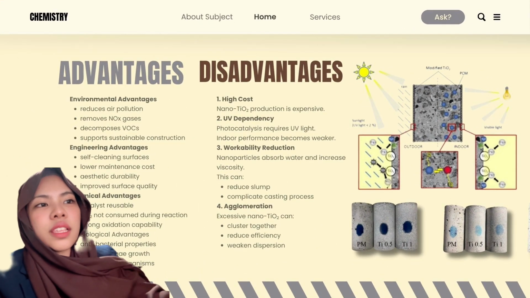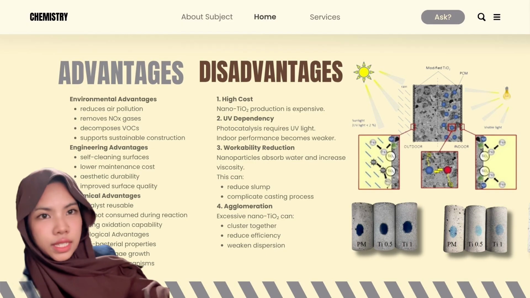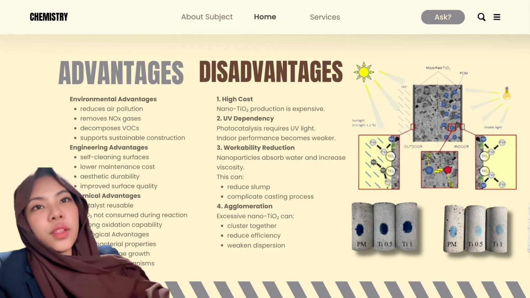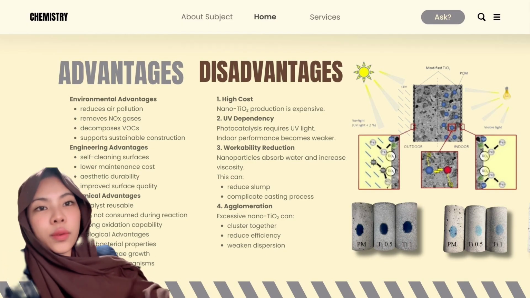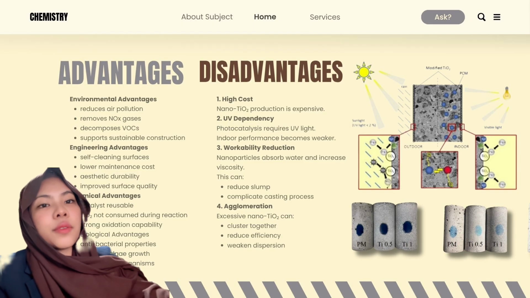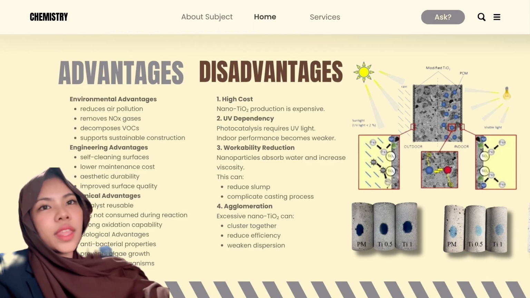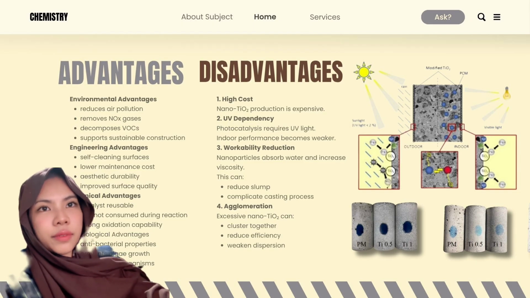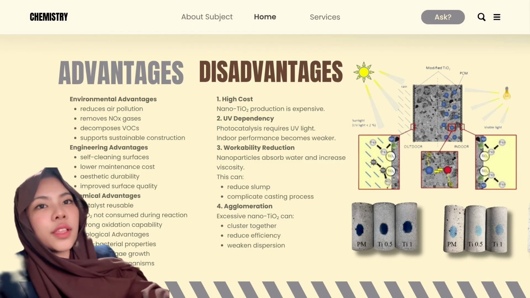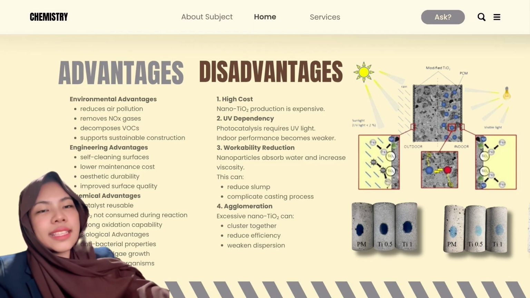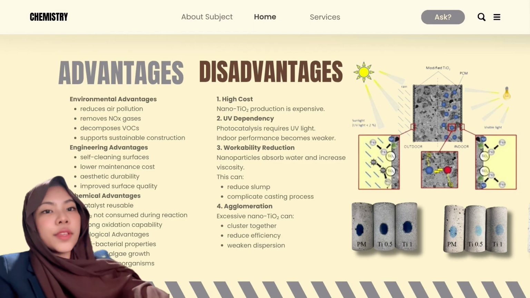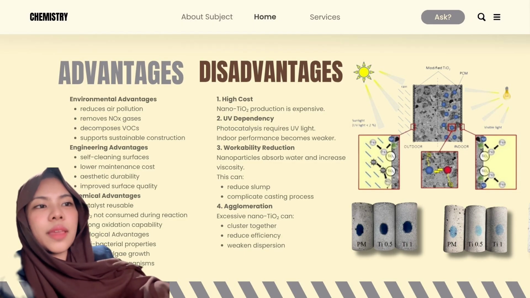The first one is environmental advantages. It reduces air pollution, removes NOx gases, decomposes VOCs, and supports sustainable construction. The second one is engineering advantages. It has a self-cleaning surface, lower maintenance costs, aesthetic durability, and improved surface quality. And the third is chemical advantages.